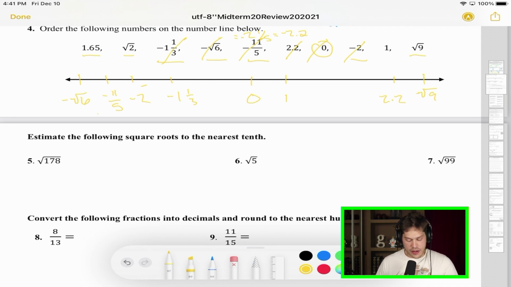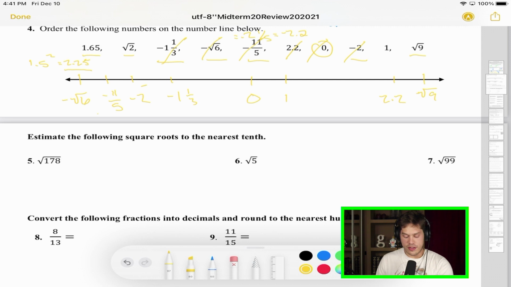Well, let's think about it this way. 1.5 squared is going to be 2.25. So square root of 2 is going to be less than 1.5, as 1.5 squared is already above the 2 mark.